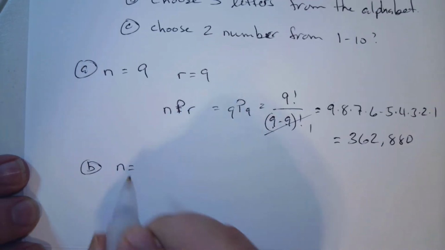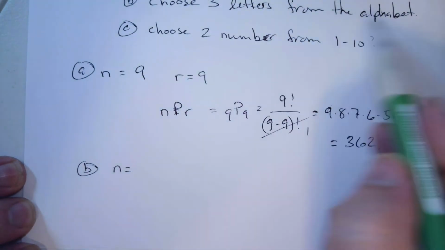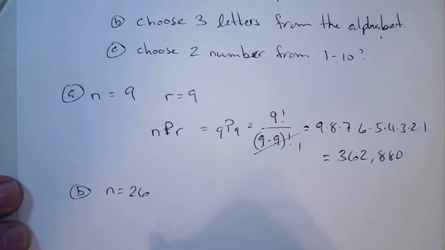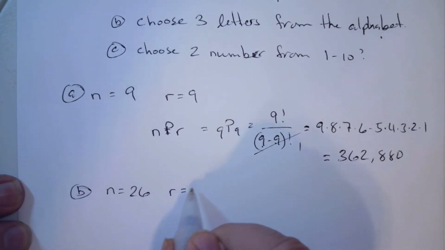Okay, B. You have to choose 3 letters from the alphabet. The alphabet has 26 letters. You have to choose 3.